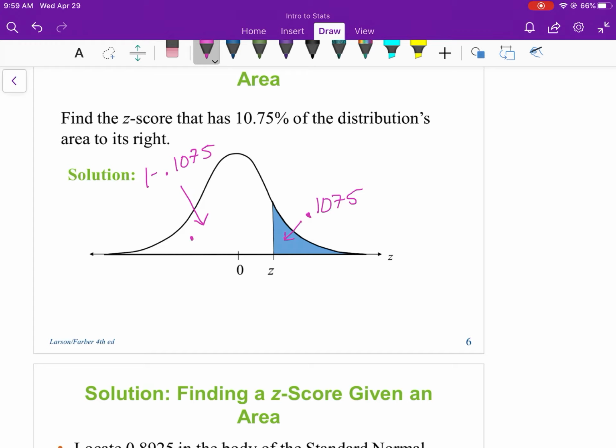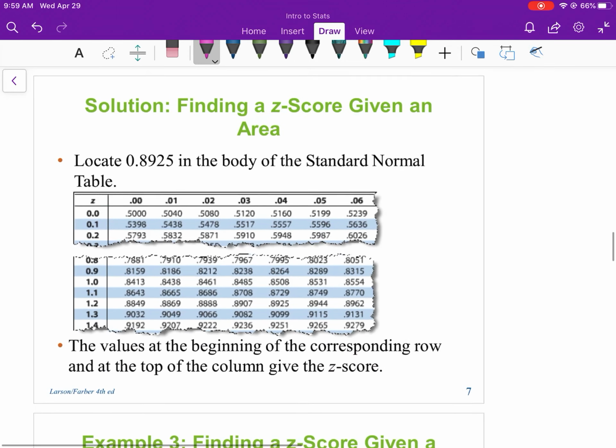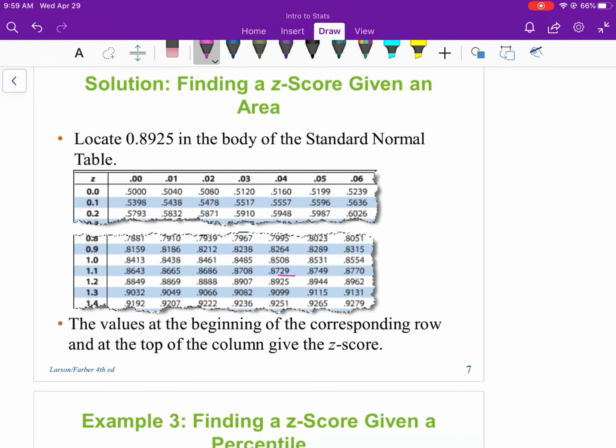And that is 0.8925. This is the one that we look up in the table. Again, here's a snapshot of that. Here it is. Trace it back. So our z-score is 1.24.